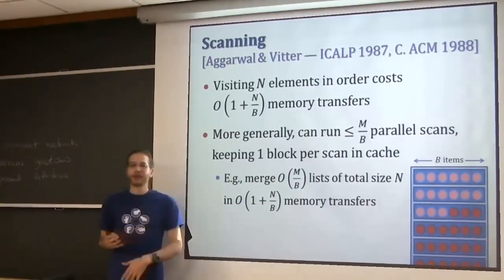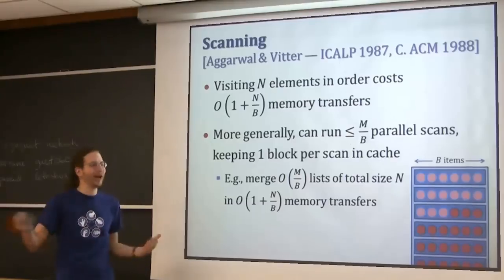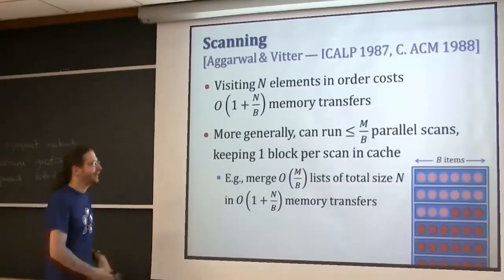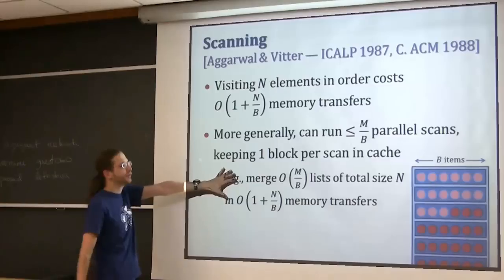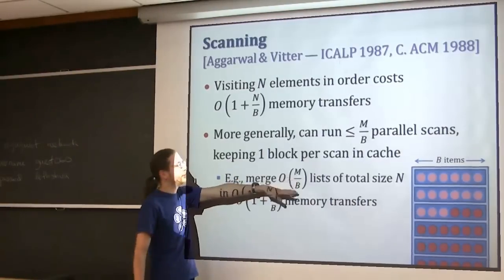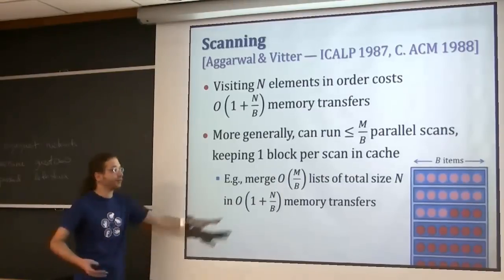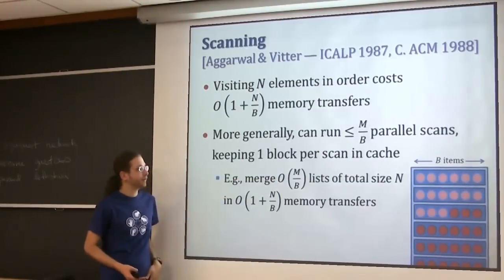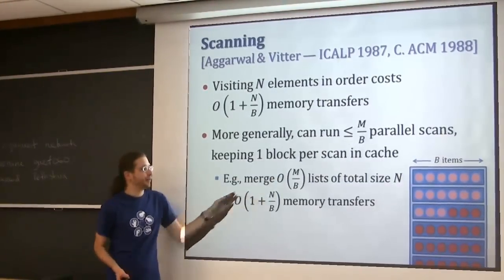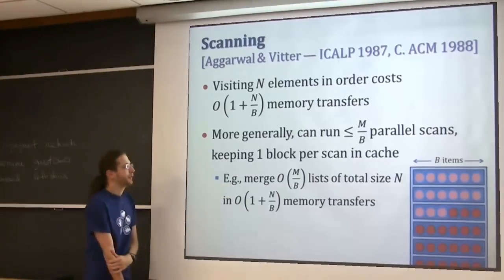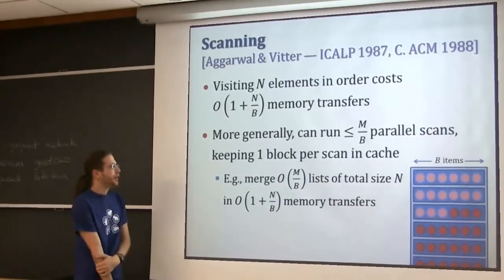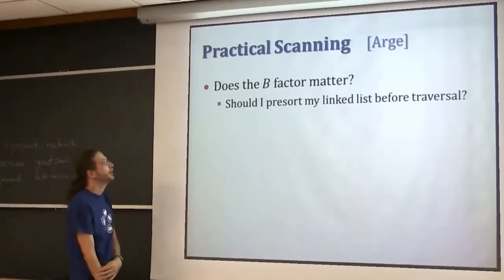Some of them could be read scans, some write scans, some could go backwards, some forwards. A lot of options here. In particular, given a little bit less than m over b lists of total size n, you can merge them all together. If they're sorted lists, you can merge them into one sorted list in optimal n over b time. That's good. We'll use that in a moment.